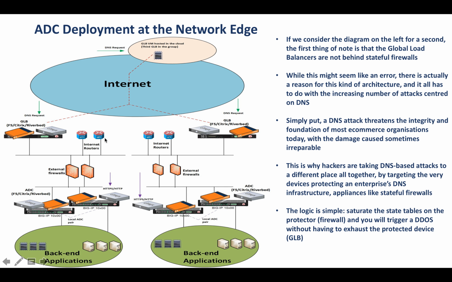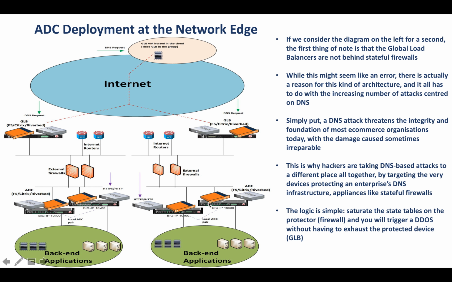So if we peek behind the routers, there are 2 separate pairs of stateful firewalls here. So a pair in data center 1, a pair in data center 2. These firewalls are leading to an inner zone. I like to call this your landing zone, something like that.